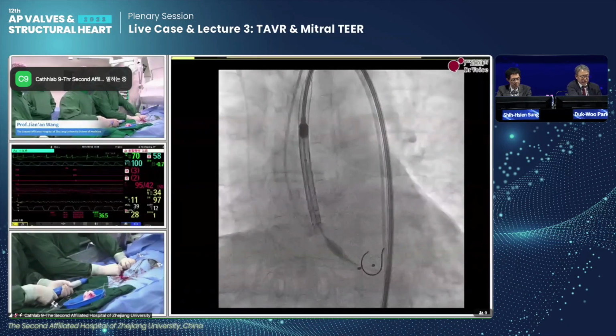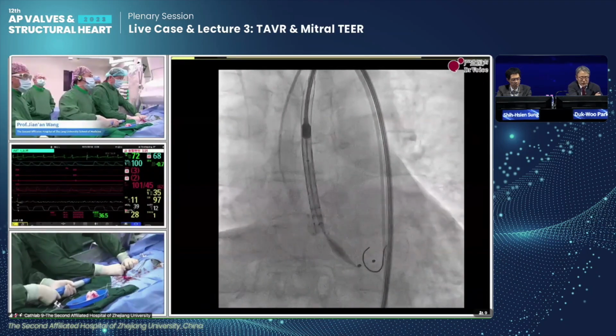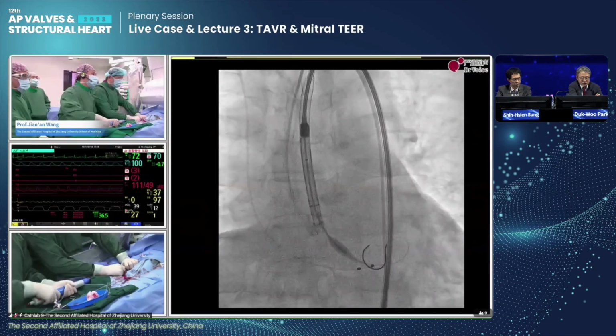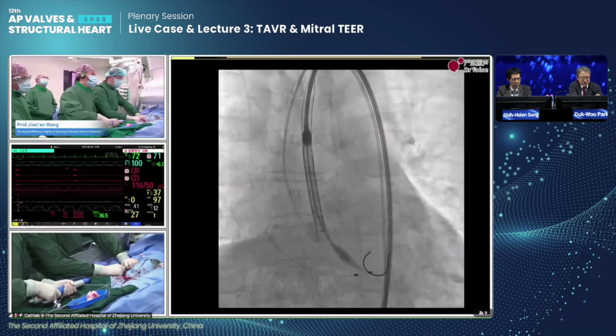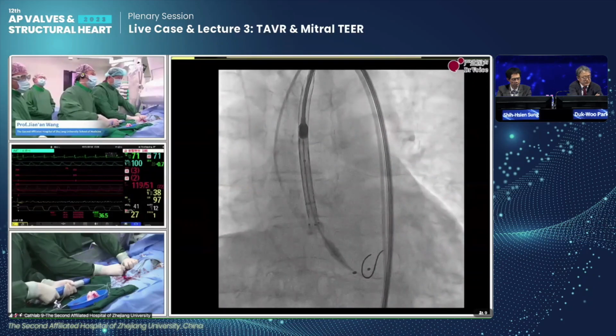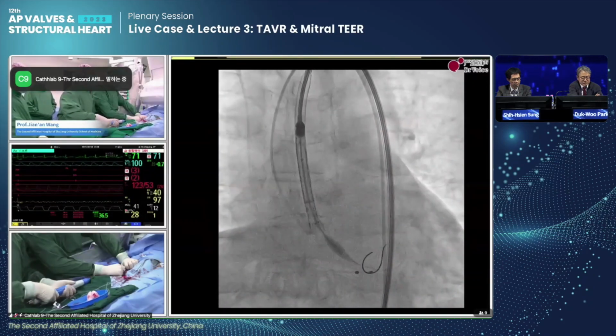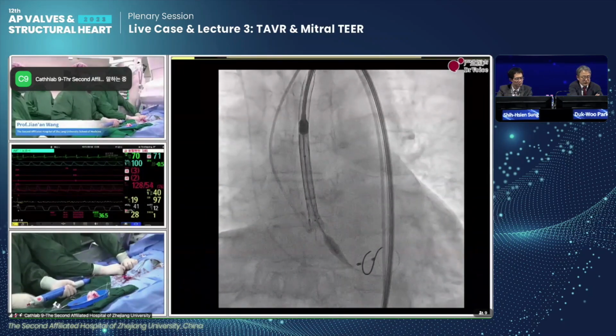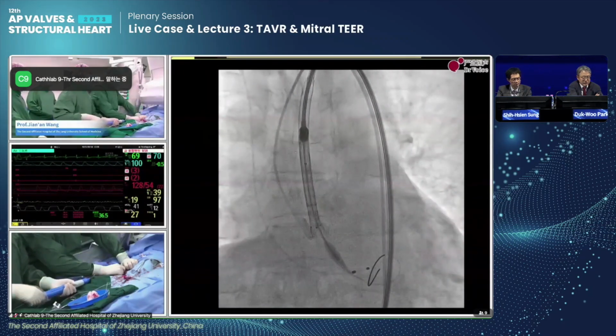During the release, are you going to use pacing at 120, or no pacing? Yes, we use 130. Stop pacing. 130 beats per minute.